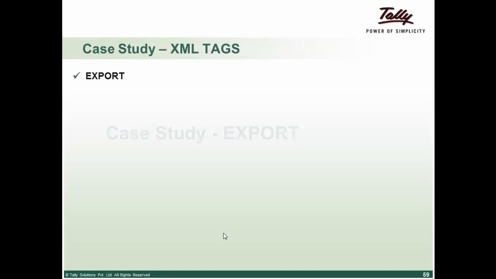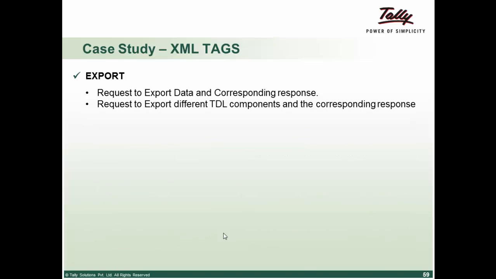Now just let us consider different scenarios to understand the request and response XML structure. In this case study, we discussed a scenario which will help us to understand the request and response XML structure. So this was one of the scenarios that we just saw. We have the export of data, which helps us when this request is to export the data, and then we get the corresponding response.